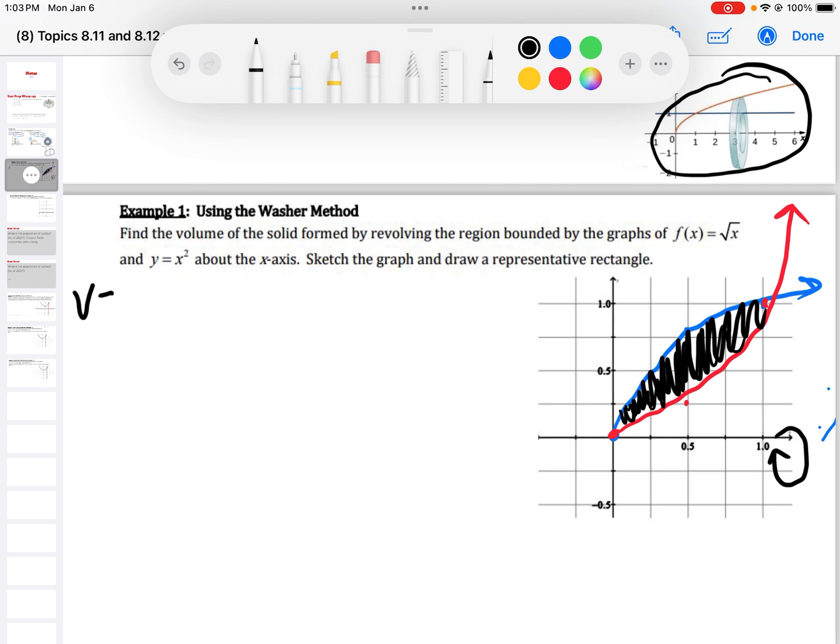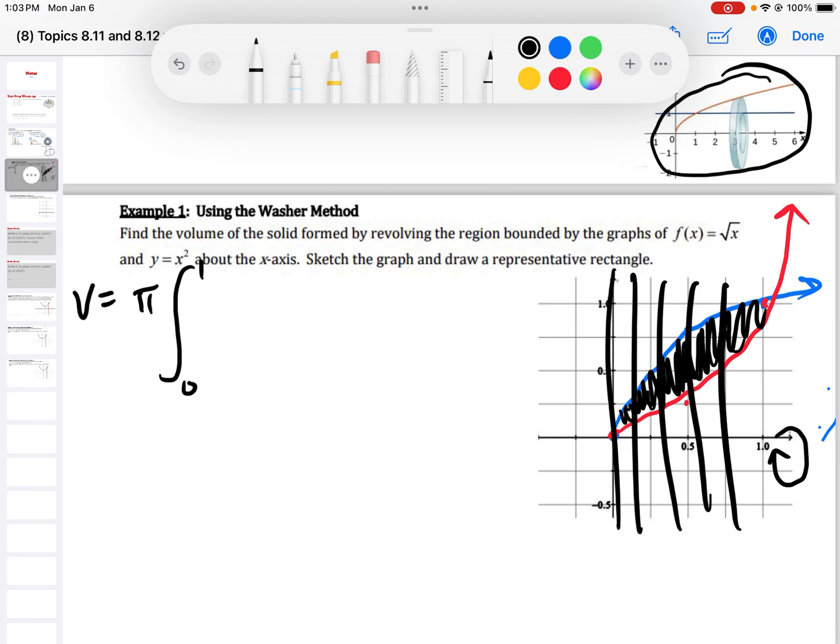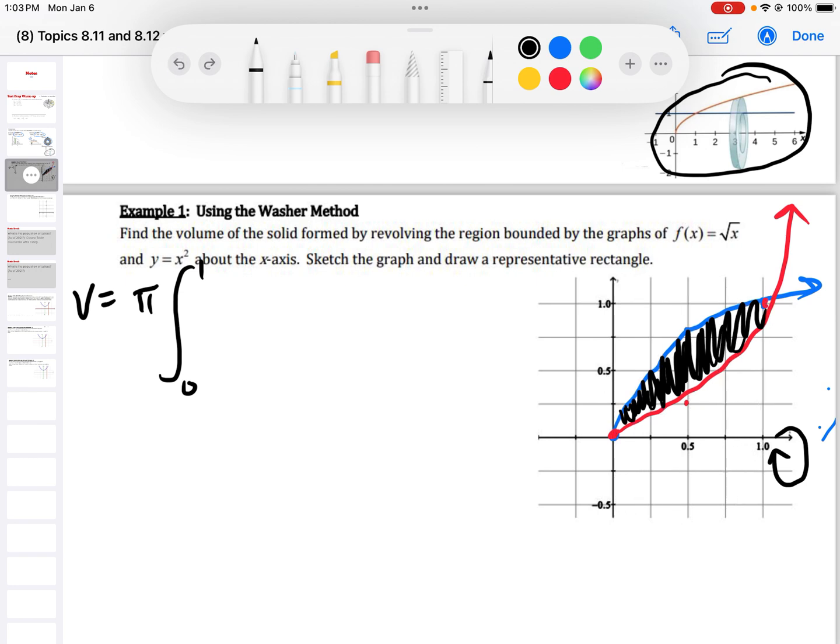All right, so I have my volume formula. Volume is equal to pi times the integral. The overlapping starts at 0 and ends at 1, so my cross sections go all the way from 0 to 1. Those are my limits of integration. Then it'd be the big radius.